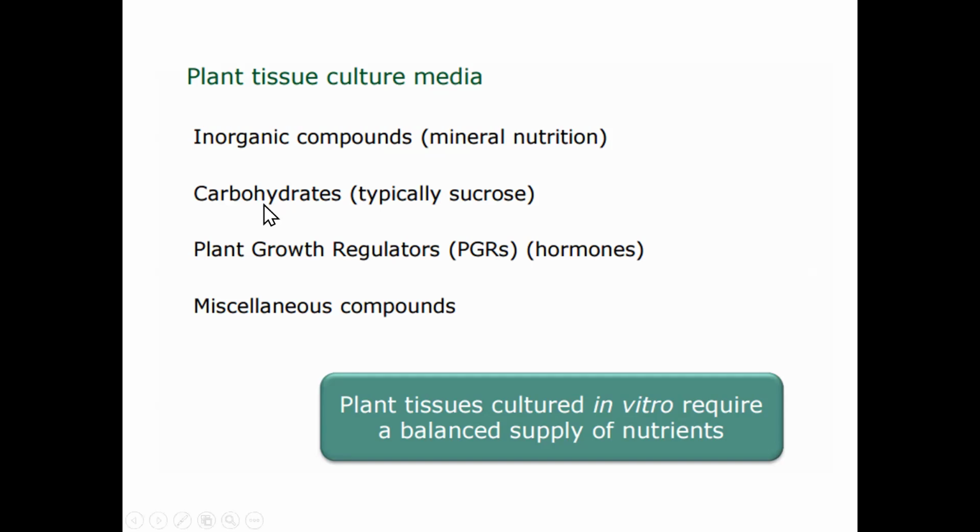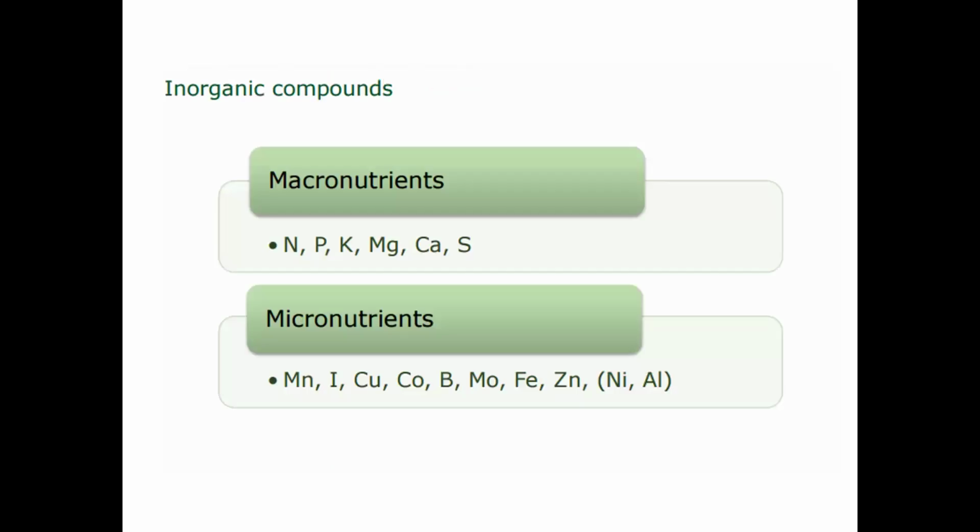And then you need sucrose, a carbohydrate, as an energy source, and plant growth regulators, different hormones: auxin, gibberellin, cytokinins, and others, and some miscellaneous compounds like vitamins, to make a recipe. This recipe was actually developed by people through trial and error. If you start now, for example on ORCID, you can get a published protocol for culture media, and then you try and modify it.